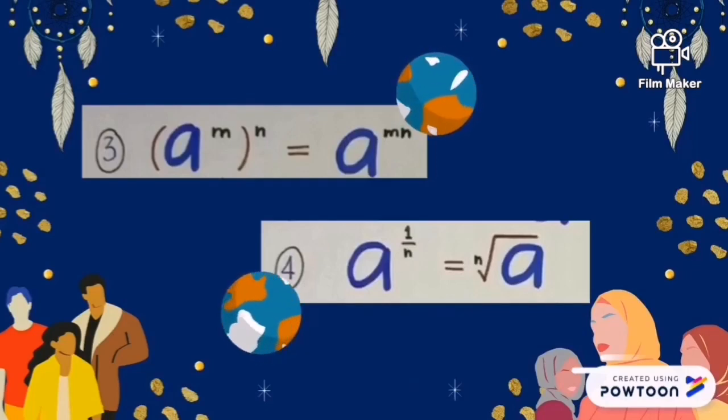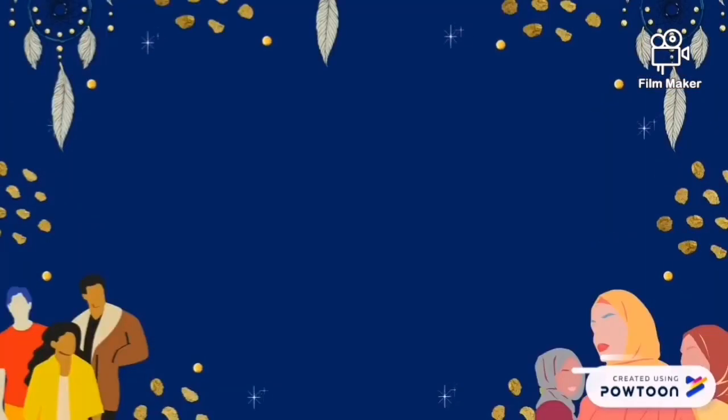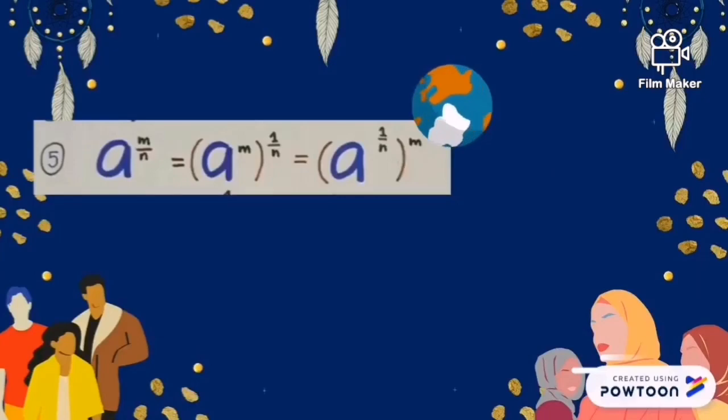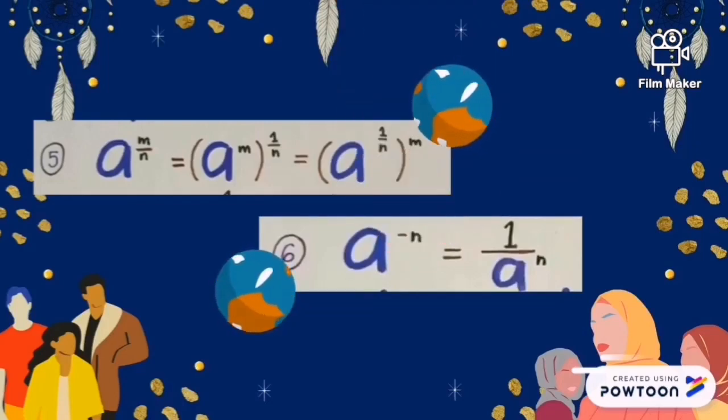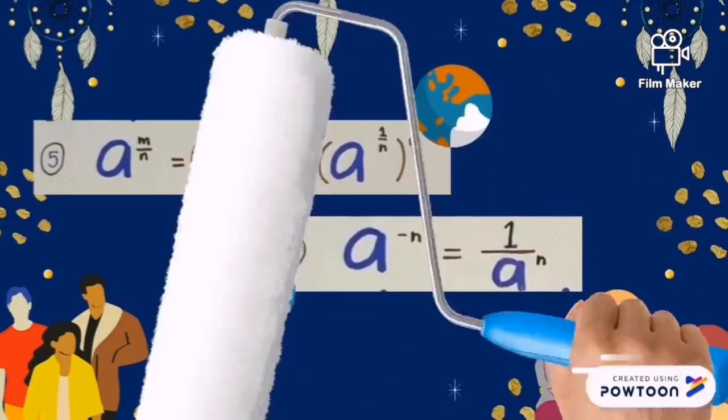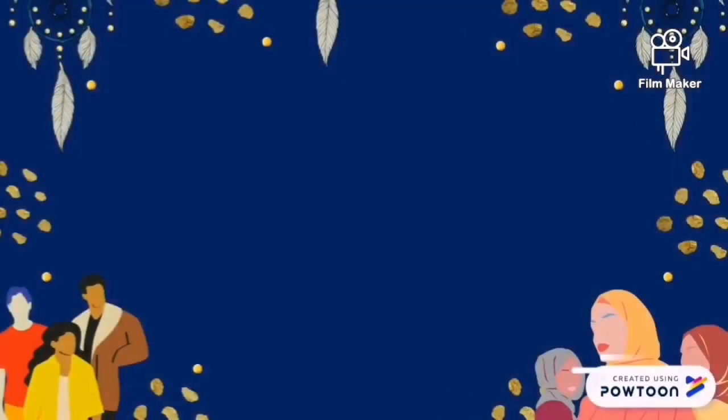Fifth, a to the power of m over n equal to (a to the power of m) to the power of 1 over n, which is equal to (a to the power of 1 over n) to the power of m. Sixth, a to the power of negative n equal to 1 over a to the power of n.